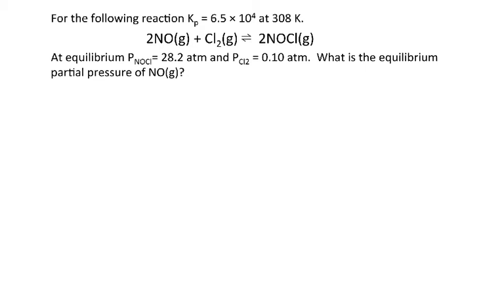In this problem, we're given the equilibrium constant, and we're given the equilibrium partial pressure of NOCl and Cl2, and we would like to know the equilibrium partial pressure of NO. So the first thing I need to do is write down my equilibrium constant expression.